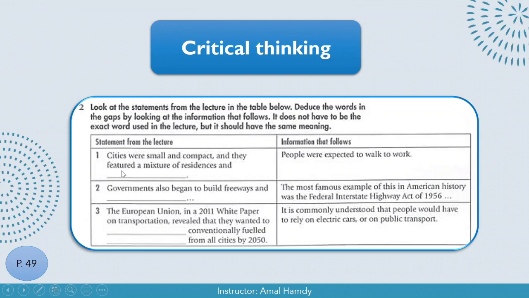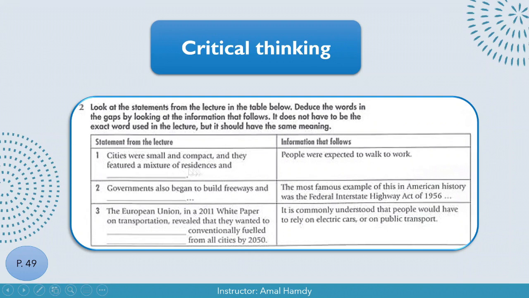So we have a statement from the lecture. Number one, cities were small and compact, and they featured a mixture of residences and then we have the information that follows. People were expected to walk to work. So you should deduce the words that were missing. They don't have to be the same words that the speaker used in the track, but they should be words that make sense.